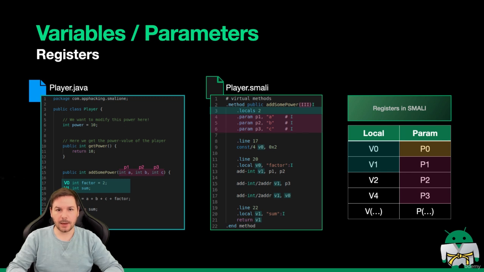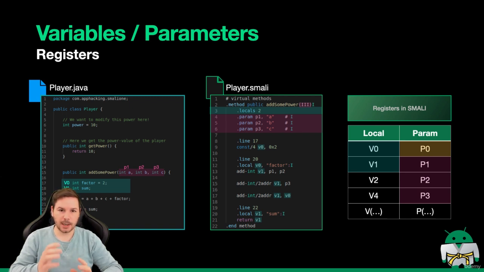We have learned something about registers. We know there are local registers and parameter registers. We also know a register holds a value, in the case of a variable name or another value. For example, the value 0 can also be held by a register. Registers can also change during the function.